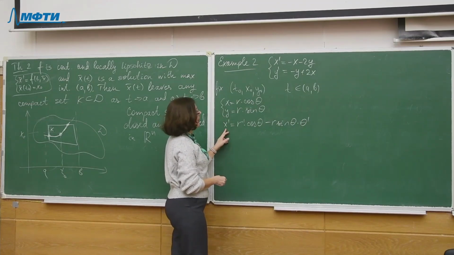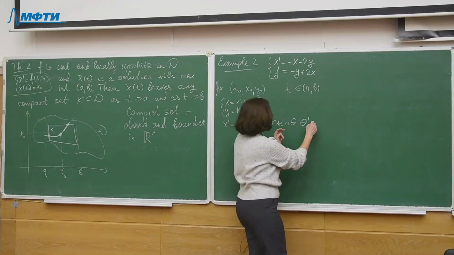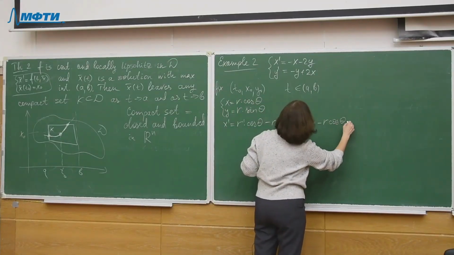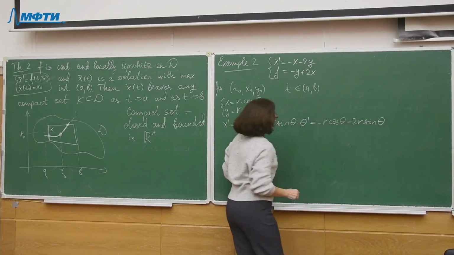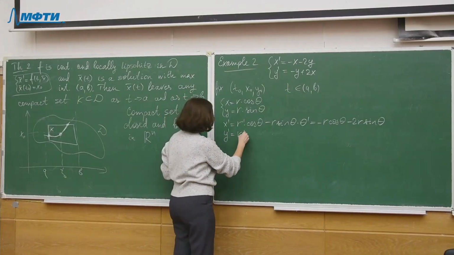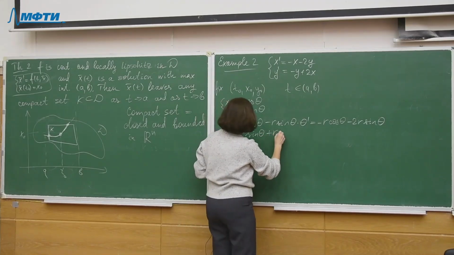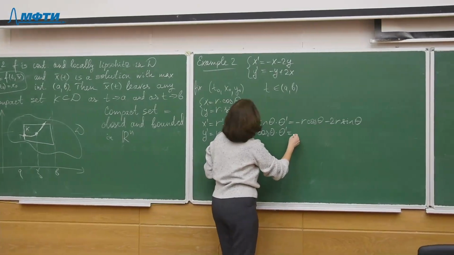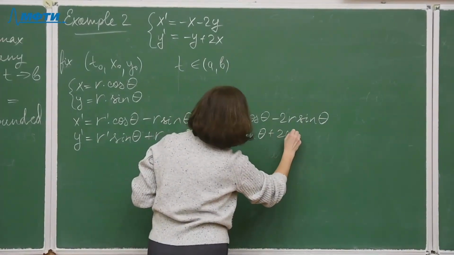It's x prime, and it should be equal to minus x minus 2y, so equals minus r cos theta minus 2r sine theta. And for y prime, we have r prime sine theta plus r cos theta times theta prime equals minus r sine theta plus 2r cos theta.